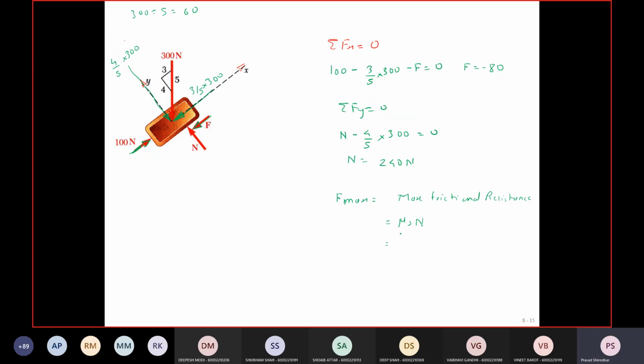Tell me the value. Mu static is 0.25, which is given in the question. So it is 0.25 into 240, that is equal to 60 newtons.